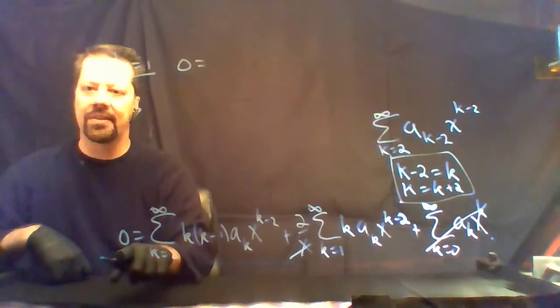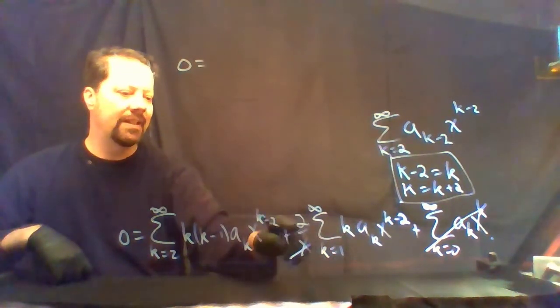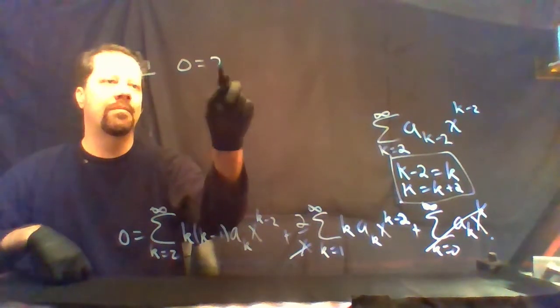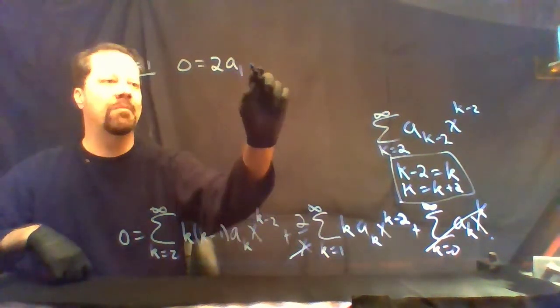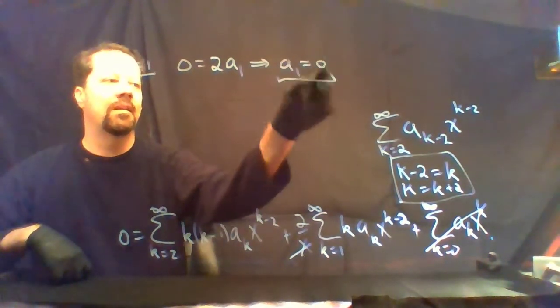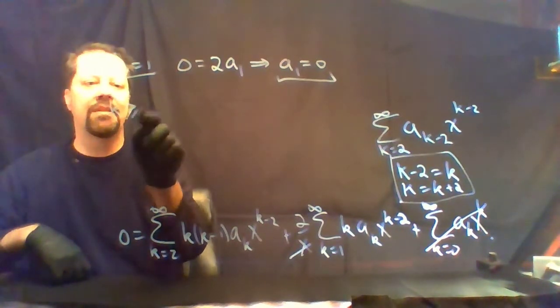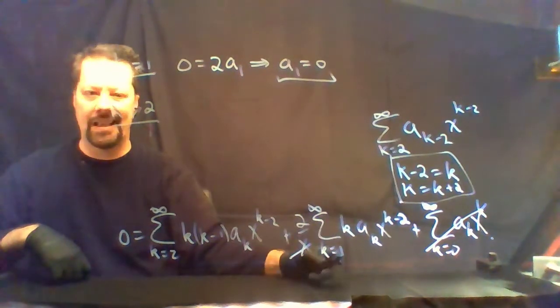All coefficients on the left-hand side are 0. When k is equal to 1, we get 2 times 1 times a sub 1. That implies then a sub 1 is 0. If k is bigger than or equal to 2, all three series come into play.